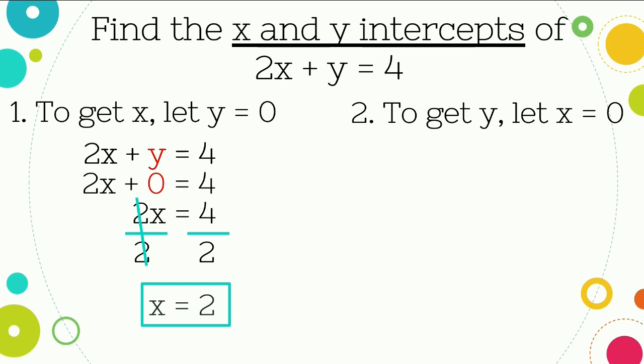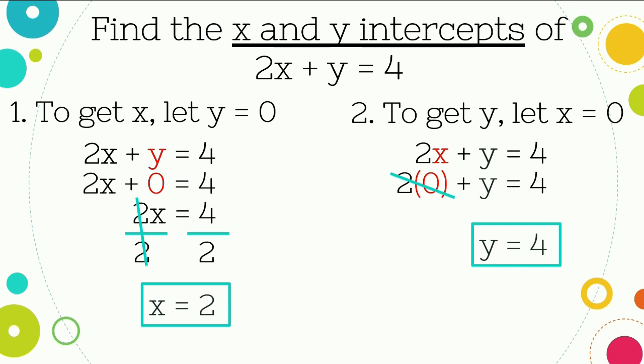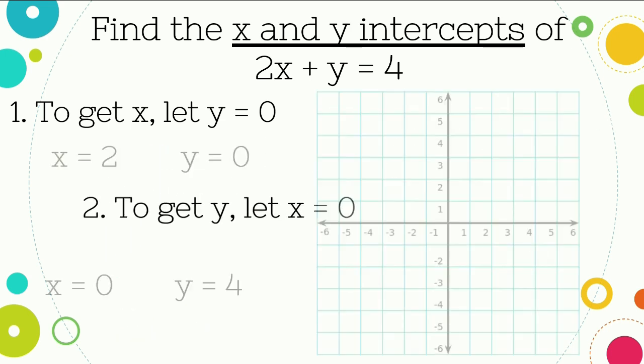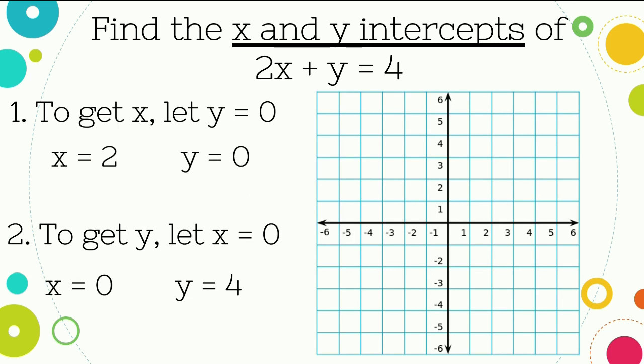Now, to get the value of y, if we let x equal 0, gagawin naman natin si x na 0. So, 2 times 0 is 0. Therefore, we will have y equals 4. After getting the values of the x and y intercepts, we can now have the two coordinates.